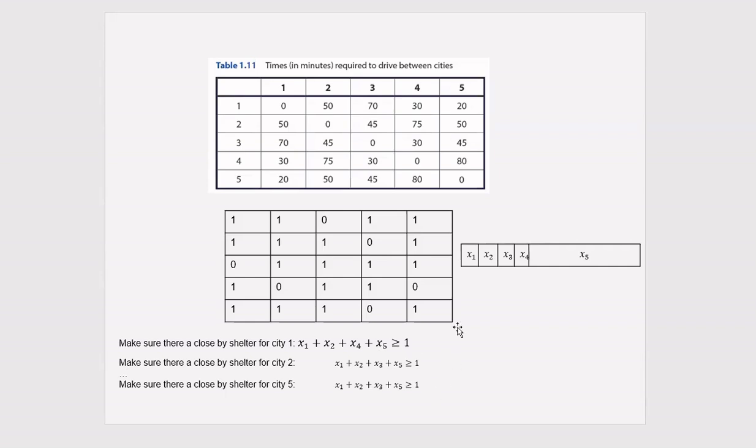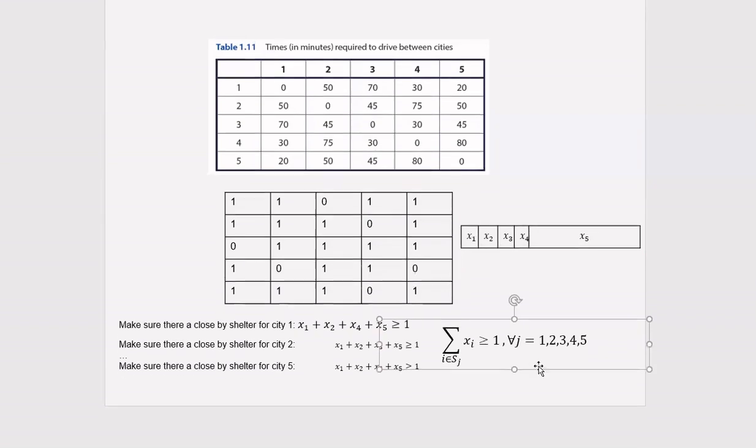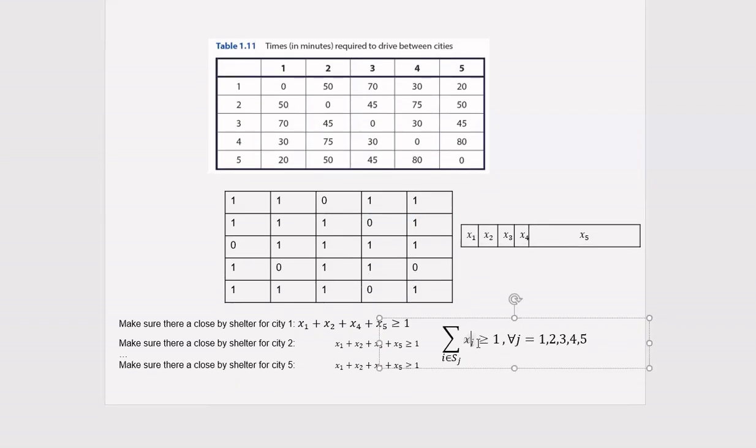And I'm going to write all of these in a more condensed, more mathematical way, which is this. Make sure the sum of the xi's is greater than or equal to 1 for each city j, 1, 2, 3, and this i needs to belong to the set Sj. So each city has a set of cities that are close to it.